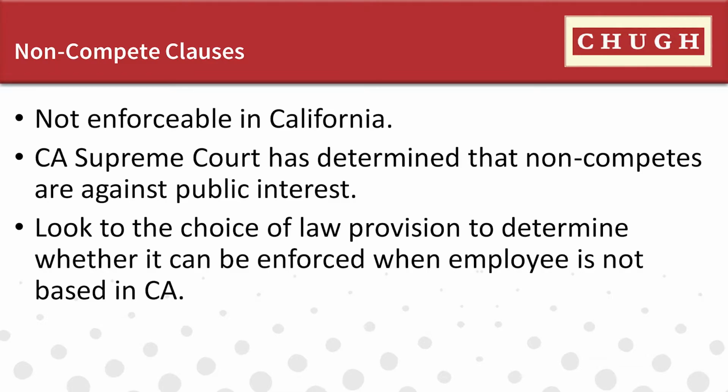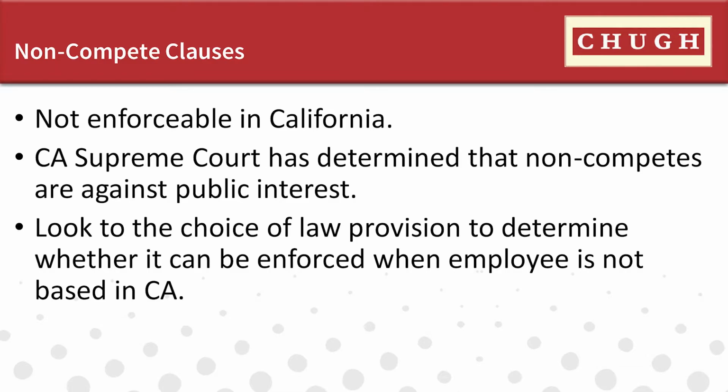But non-competes are a tricky issue because on top of them not being valid in California, you also want to look to the choice of law provision to determine whether it can be enforceable if the employee, for instance, is not based in California or if the employer is not based in California.